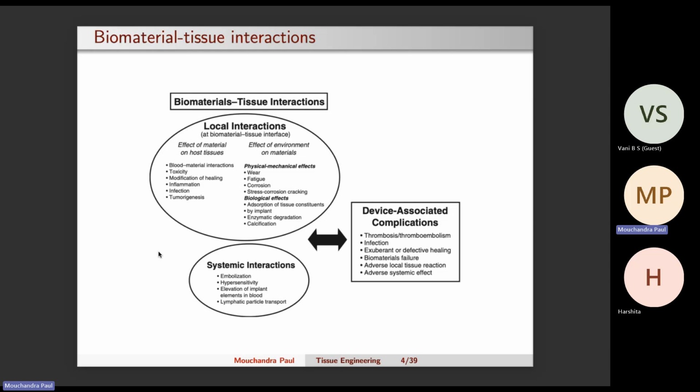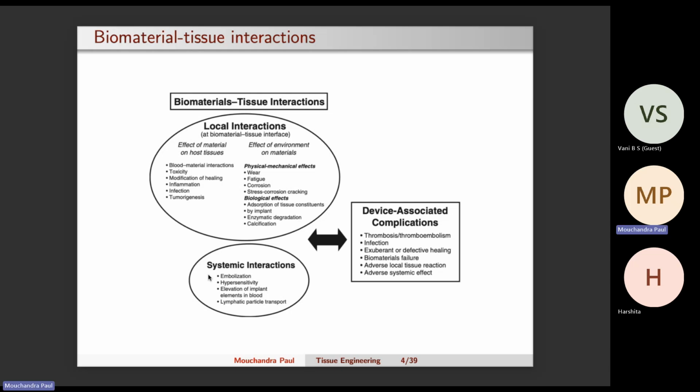So overall, if you try to understand these implant and tissue interactions, which are happening at the local level as well as the systemic, our entire organ system level, they can either cause the failure of the device, or the failure of the device can be a consequence of these interactions.